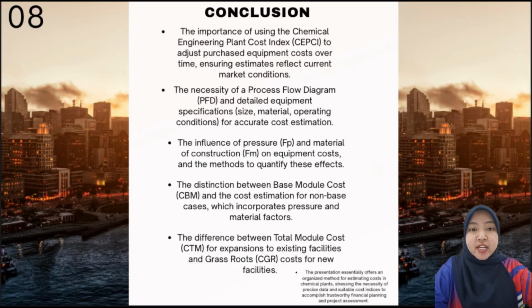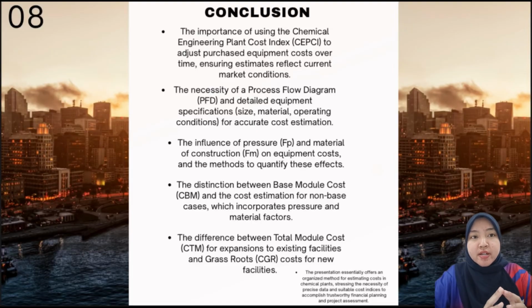Next I want to explain the conclusion. The conclusion is the importance of using the chemical engineering plant cost index, CEPCI, to adjust the purchase equipment cost over time, ensuring estimates reflect current market conditions. The necessity of the process flow diagram (PFD) and detailed equipment specifications, which are size, material, and operating conditions, for accurate cost estimations.